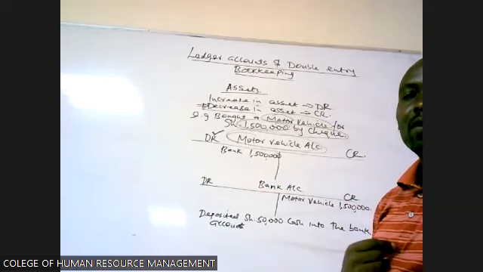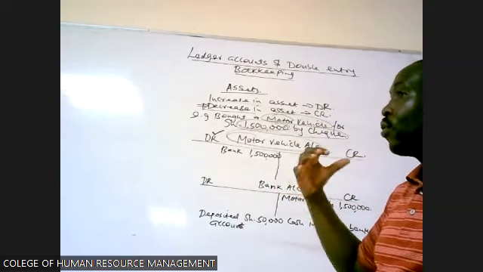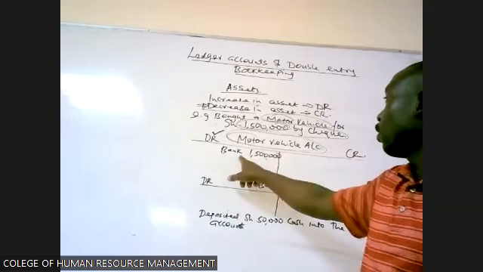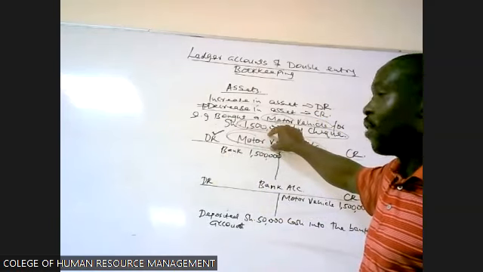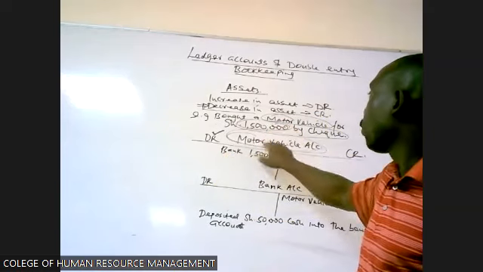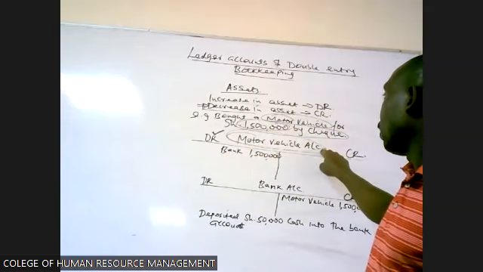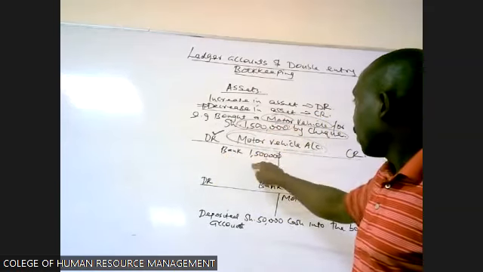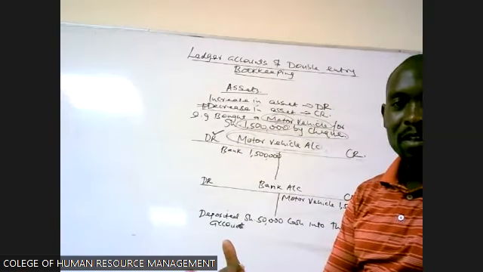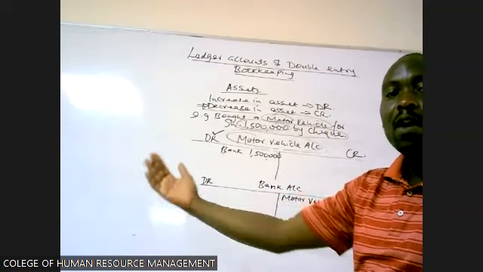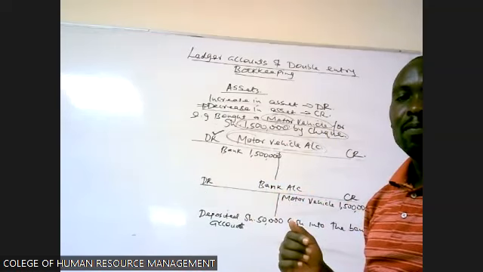So you look at the title. Don't focus on what we have written here. Focus on the title of that account. The title of this account is motor vehicle account. So we have debited this motor vehicle account because we have acquired it. That motor vehicle has now moved into our business.